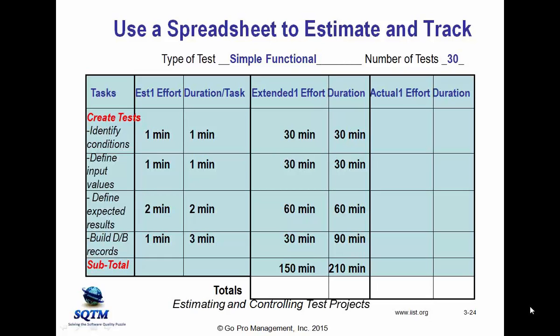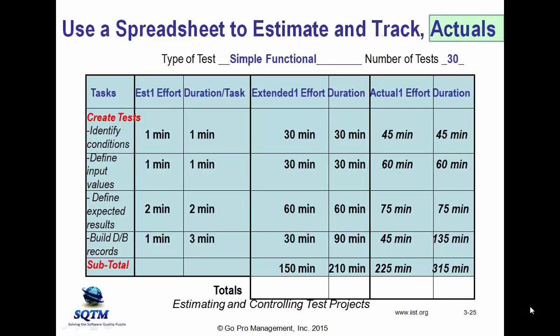And now everybody can see why we're doing the tests and where our estimates are coming from. And if you miss a task, it's going to be out of 210 minutes, not out of 0, basically. So if you overlook a task, you've got the opportunity to insert it in that spreadsheet and improve your estimating as you go forward.